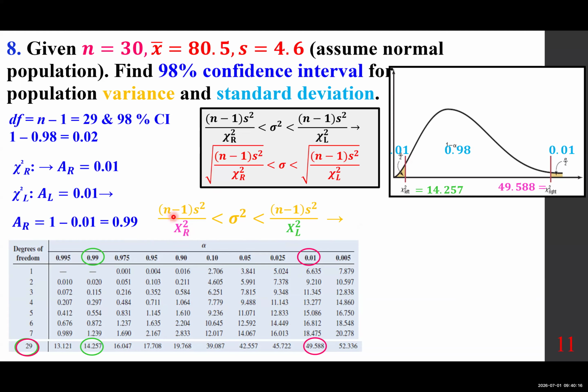So n minus 1 is 29 for both of them. S is 4.6 for both of them. Now this one, chi-squared of the right takes this number, 49.588. And this one takes 14.257. You put it into a calculator. Sigma squared is that.